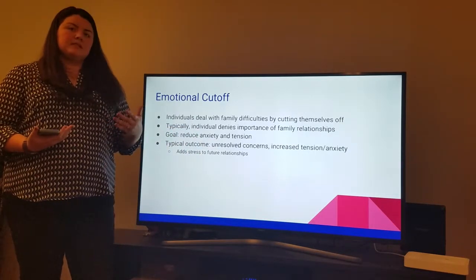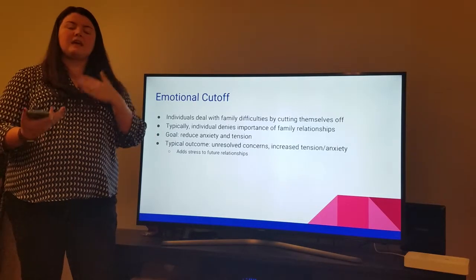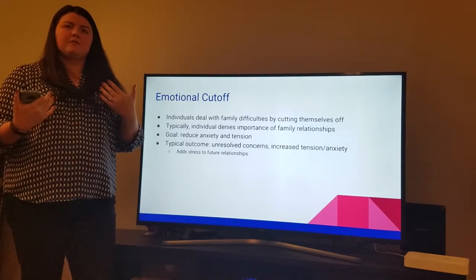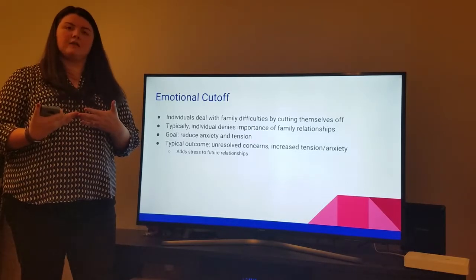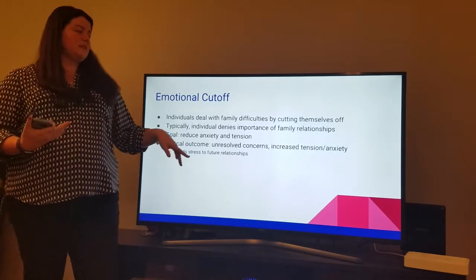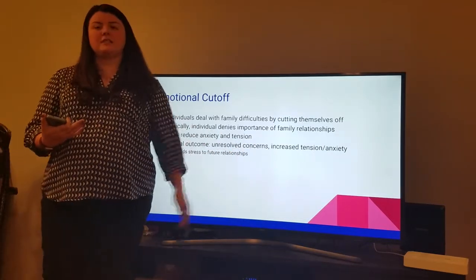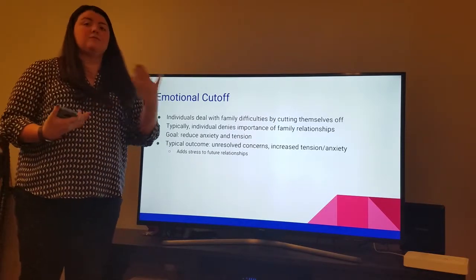But what happens is that by denying the importance of family relationships, they are no longer able to feel that normal, connected relationship pattern that we all seek as humans. So we have unresolved concerns, increased tension and anxiety, and we're unable to fulfill future relationships.